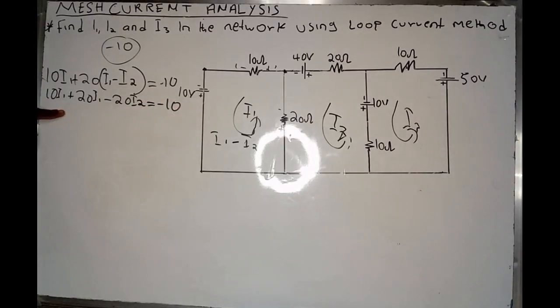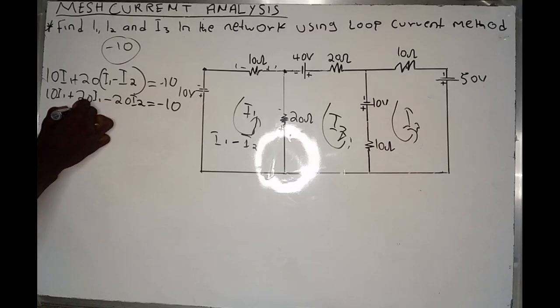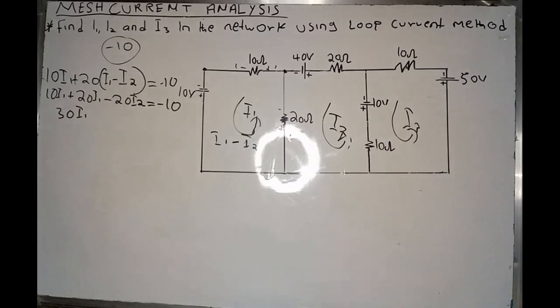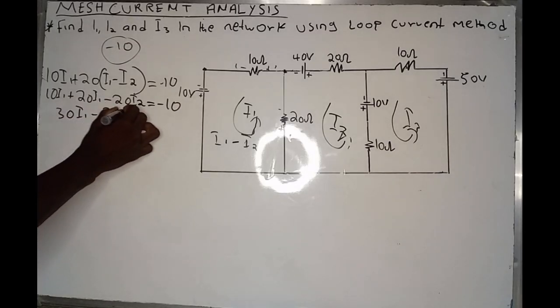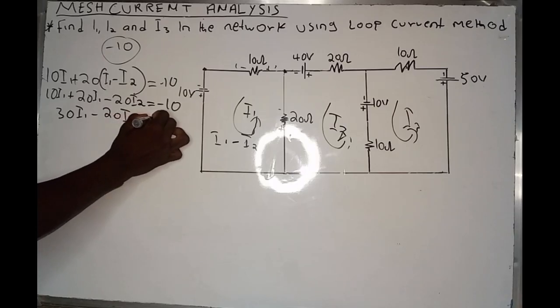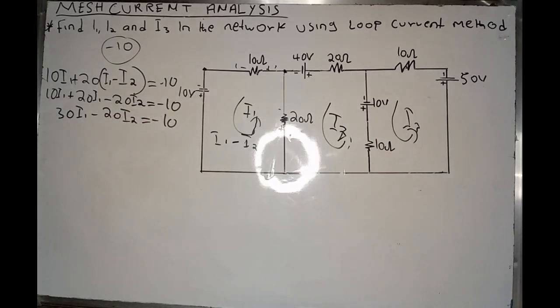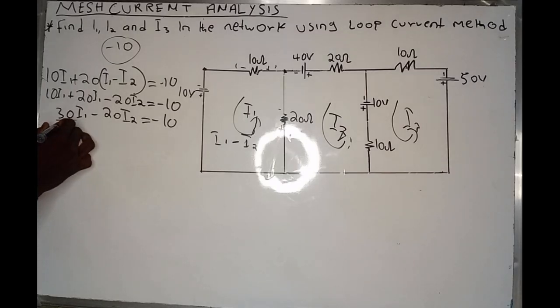So I have to collect like terms: 10 I1 plus 20 I1 gives 30 I1, minus 20 I2, which equals minus 10.